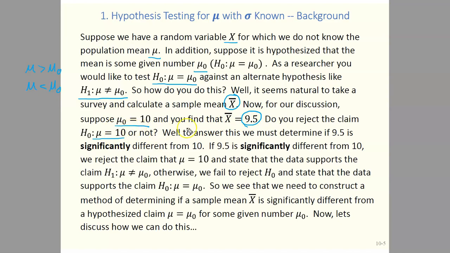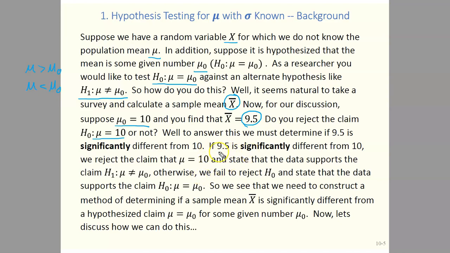So the question is, is this number 9.5 significantly different from 10? If it is significantly different from 10, then it would be natural that we would say the claim that the mean is equal to 10 is probably wrong. And then we would reject H0.